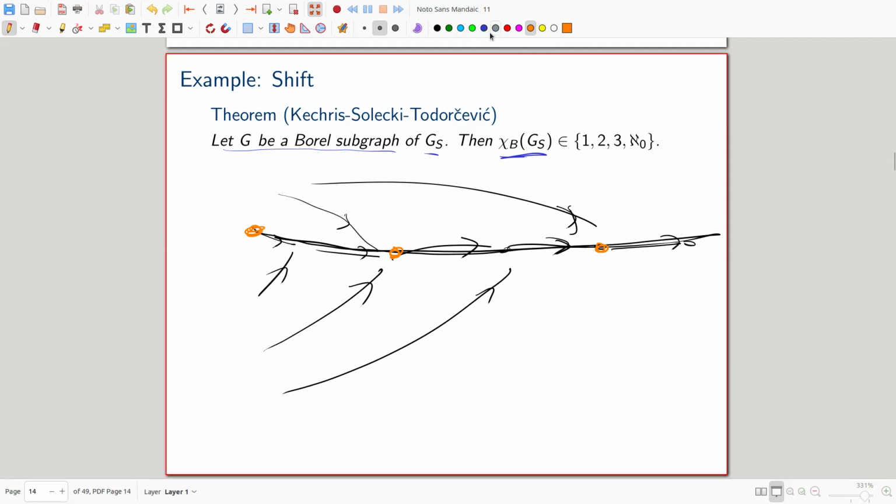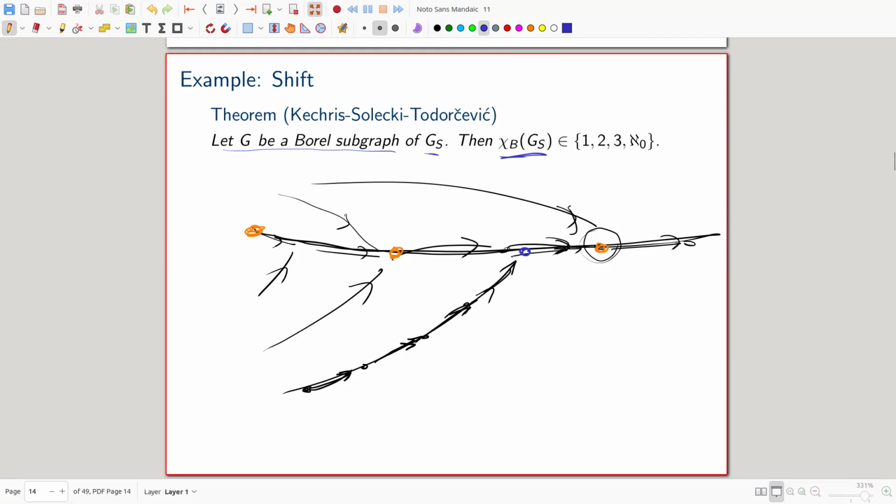And for any other point, I pick a point here and I look at its iterates; sooner or later in this connected component, I will hit an orange point. Then I just do the same as what we did in the case of S1. I count how many steps I have to take to hit this orange point, and I color according to the parity.